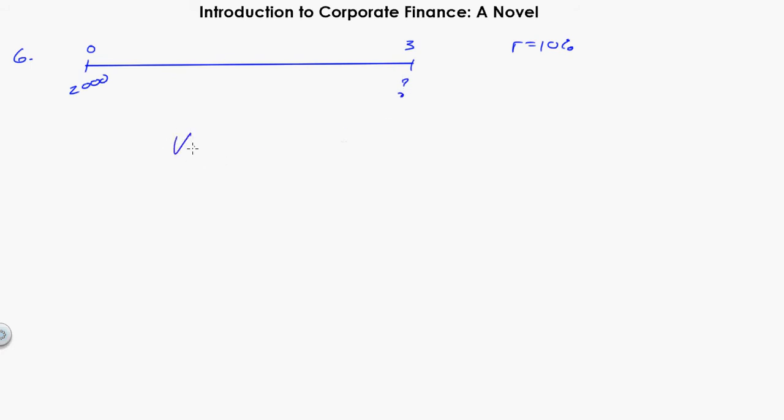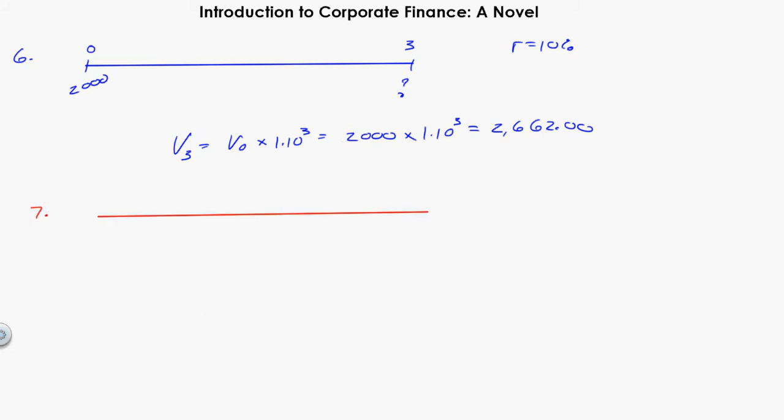Well, the value at year 3 is equal to the value at year 0 times 1.10 to the third, which is $2,000 times 1.10 to the third, which is equal to $2,662 exactly.